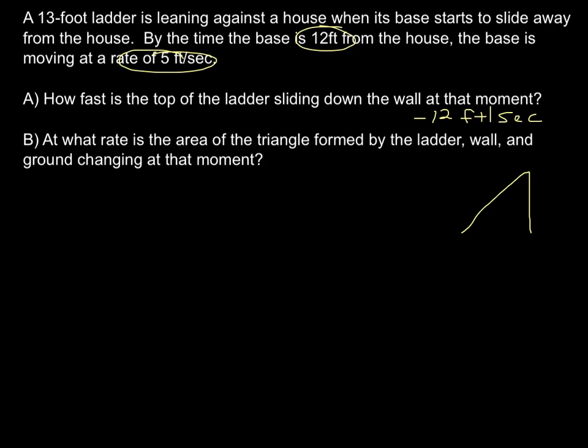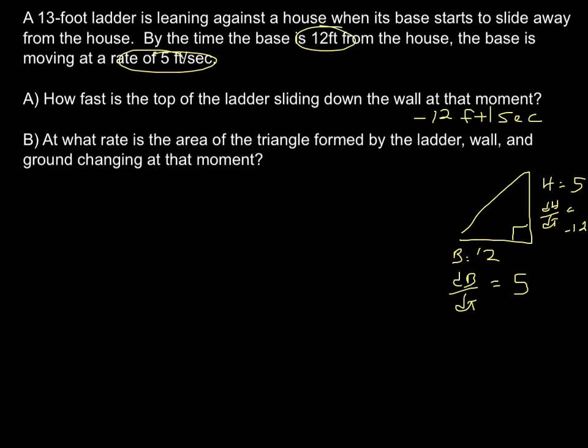So I'm not going to draw the whole picture again, I'm just going to draw the triangle. So here B was 12, and dB/dt was 5, and it was positive. We found H to be 5, and dH/dt ended up being negative 12.